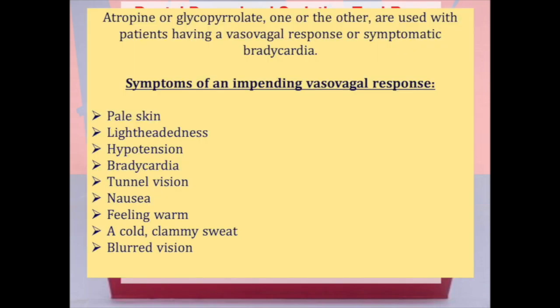We talked about the anticholinergic for the vasovagal response. We'll have talked about that in other lectures, but you'll see them get lightheaded, pale skin, develop hypotension, bradycardia, tunnel vision, nausea. They'll probably tell you that they've got this coming on before things get really bad.